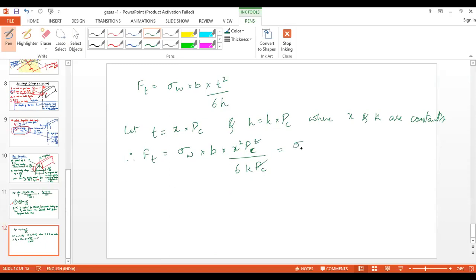So this can be written as sigma W into B PC into X square by 6K. Now I'll make one more assumption, that is let y is equal to X square by 6K. Therefore, Ft is equal to sigma W B PC y.